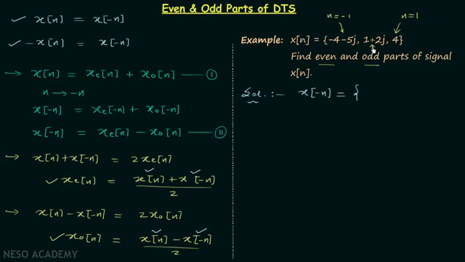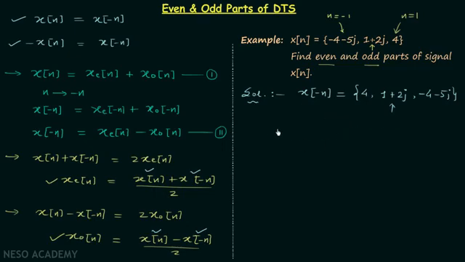Flip this signal about this arrow, or you can simply start from the right and write down all the values till the last value present at the left. This will give us 4, 1+2j, then we have -4-5j, and the arrow will be there at the same position. So we have x[-n].